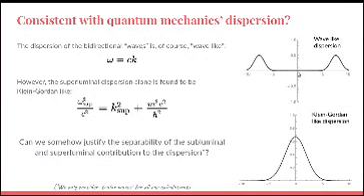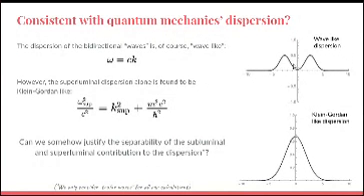This is important because if you have wave-like dispersion and if you try to create wave packets out of waves which follow this dispersion, they will simply split and each piece will travel at the speed of light in opposite directions. This dispersion cannot give you particle-like behavior.